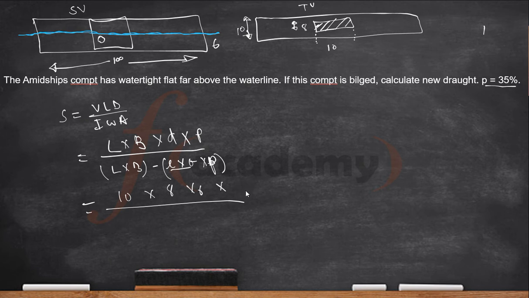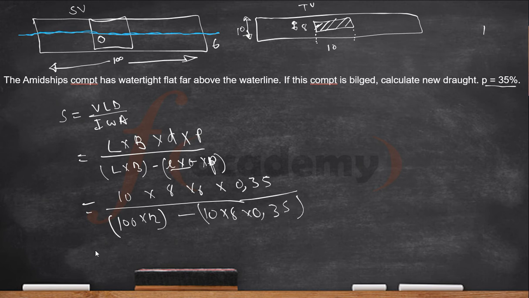You could just write 35% here, or resolve it to 0.35, all over the length of the whole shape, 100 by 12, and subtract the area of the compartment looking from the top view, which is 10 by 8. But now there is cargo, so you need to take into account the permeability of 35%, 0.35.